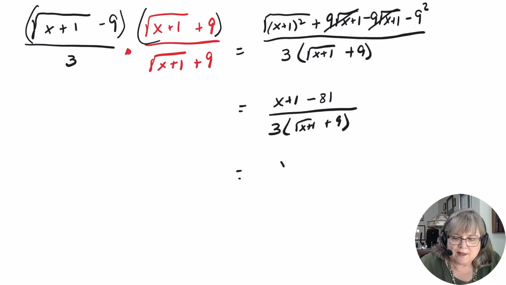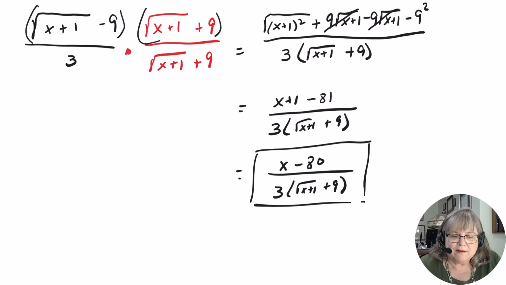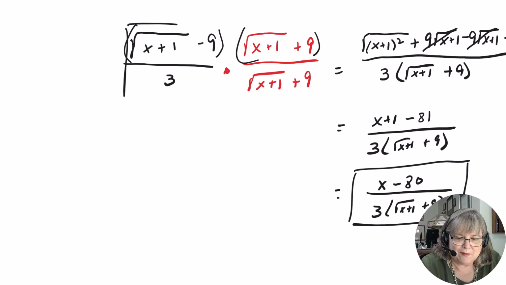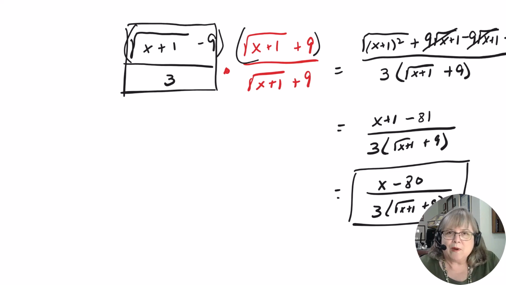So this is x minus 80 over 3 square root of x plus 1 plus 9. And this would be our new version of the original fraction if we wanted to rationalize the numerator.